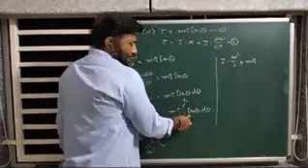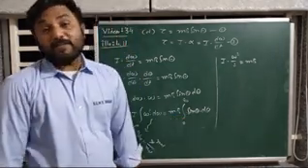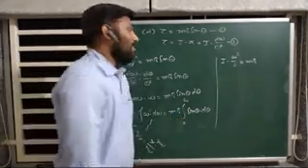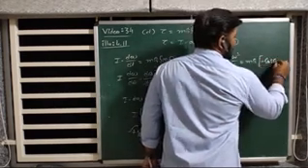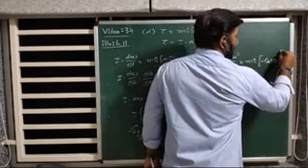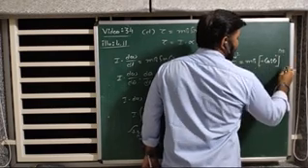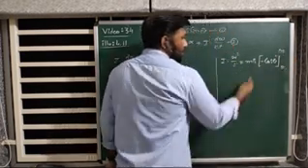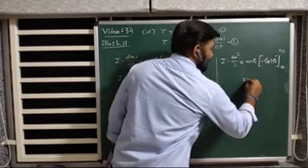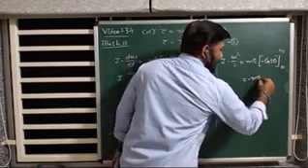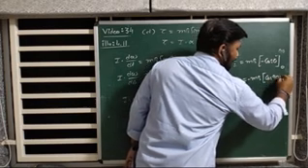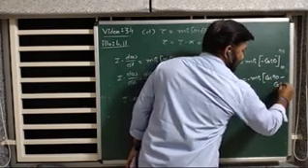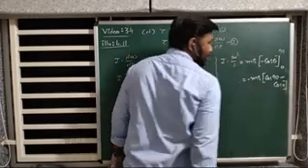What is the integration of sine theta? It is minus cos theta, with limits 90 and 0. Take the minus sign common, so it is minus mB times cos 90 minus cos 0.